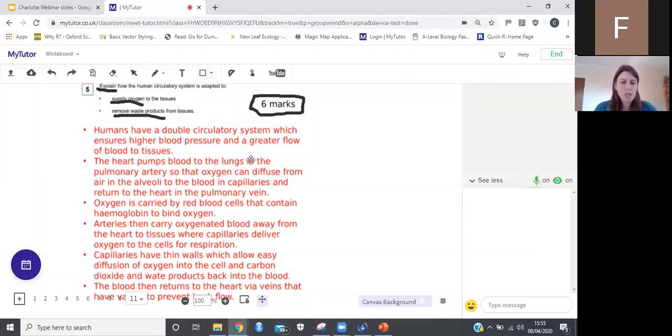So the heart pumps blood to the lungs, oxygen diffuses from the alveoli to the blood, and then returns to the heart in the pulmonary vein. Then oxygen is carried by red blood cells that contain hemoglobin to bind oxygen. So then we've gone on to talk about how the blood is adapted to its function of carrying oxygen.